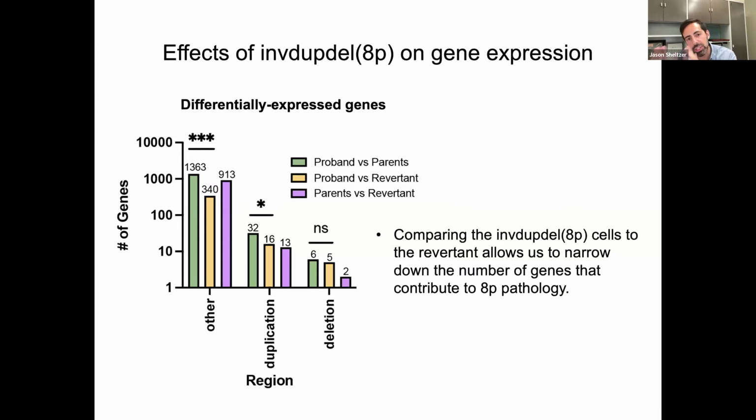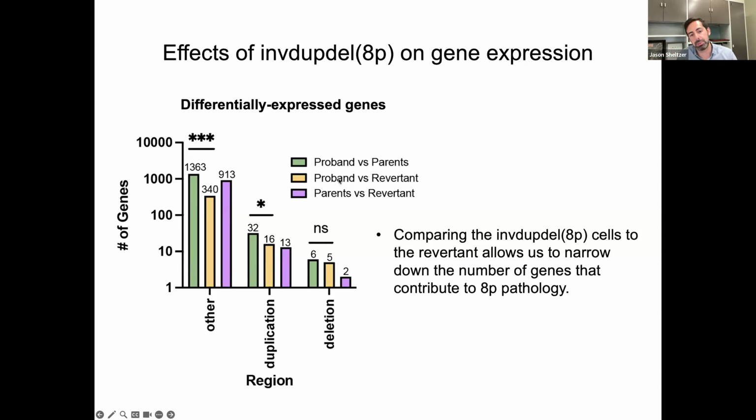So if we just looked at the cells provided by the 8p hero and compared them to their parents, we had something like 1,400 differentially expressed genes. That is 1,400 differentially expressed genes that were upregulated or downregulated or otherwise differentially affected.